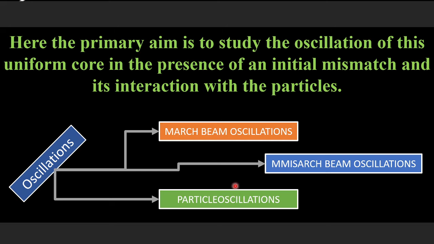Now let me tell you briefly what we want to do here. Our primary objective is to study the oscillation of the uniform core, that is the beam that we have injected in our periodic lattice, but in the presence of an initial mismatch.